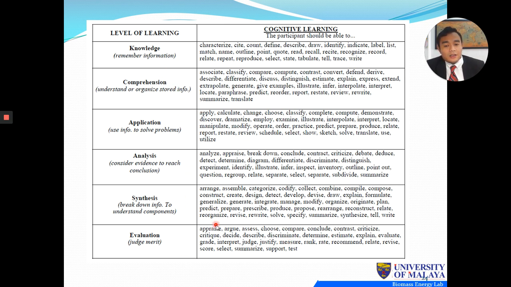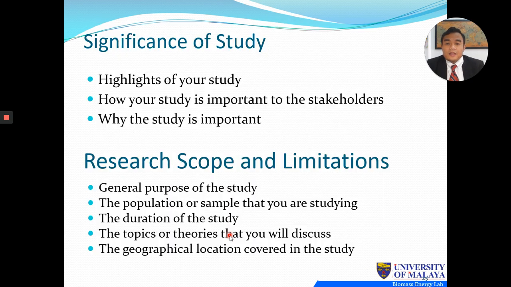The action verbs in level 6, the highest degree of Bloom taxonomy, are things like to argue, to choose, to conclude, to criticize, to decide, to describe, to evaluate. These can be used as the action verb in your research objective.